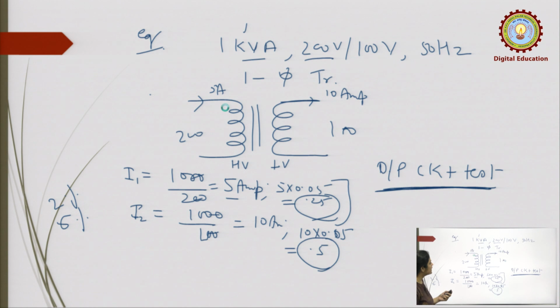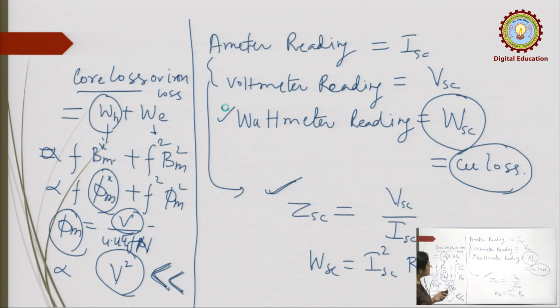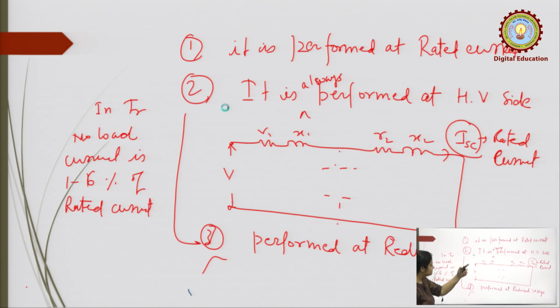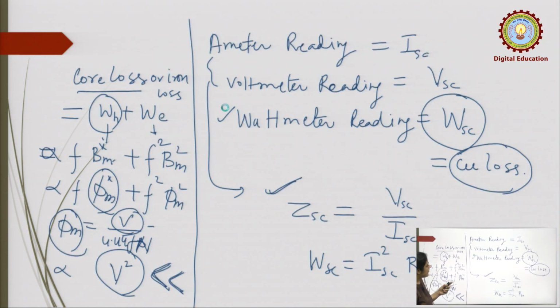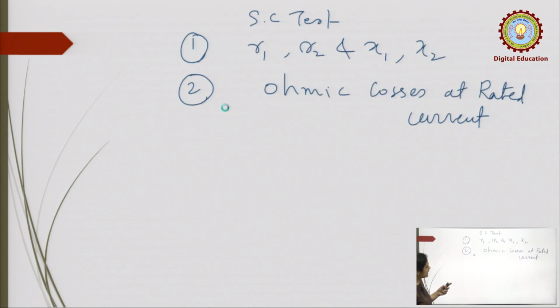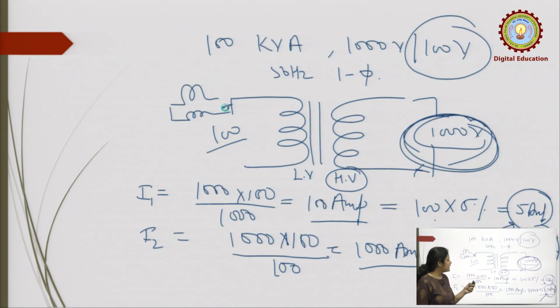Similarly, the short circuit test is always performed at the rated current. It is always performed on the high voltage side, because it is performed at rated current. For a high kVA rating, the rated current is very high.